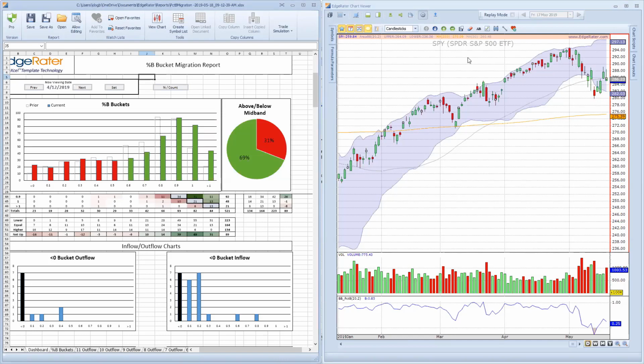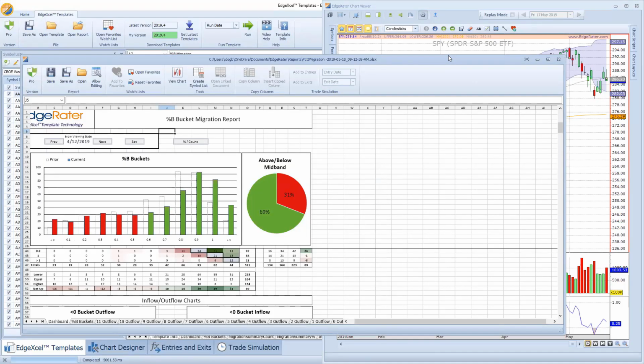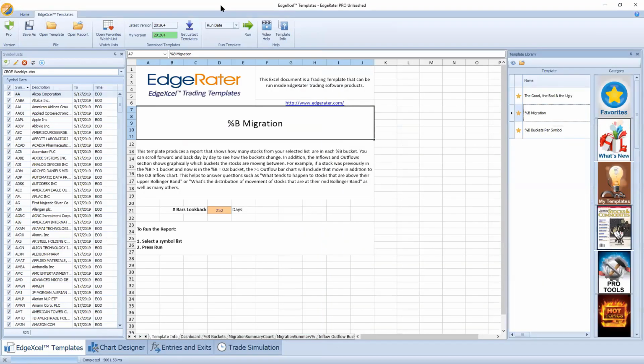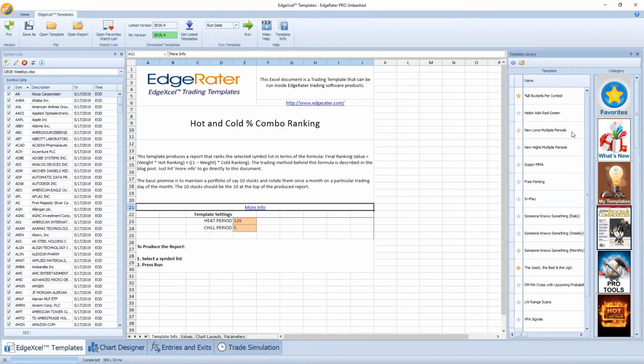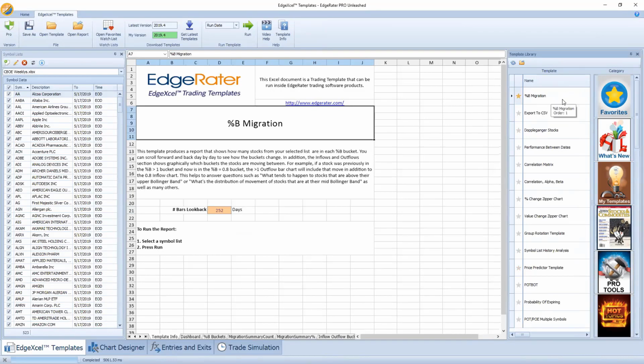If you're still using the %B buckets report, I would encourage you to migrate to the %B migration report, which you will find in hot topics. Come into your hot topics category and then find your %B buckets. That is not correct. Come into your Pro Tools category and find the %B migration report in there.